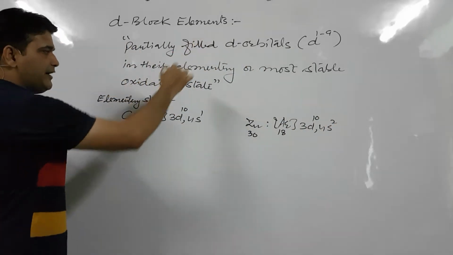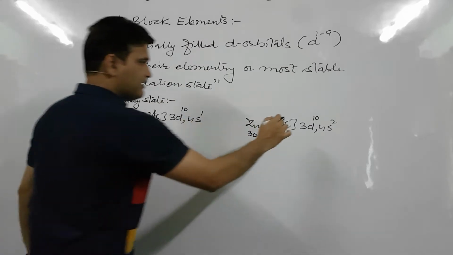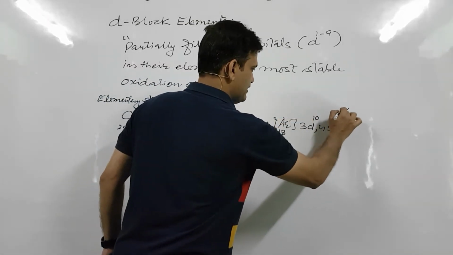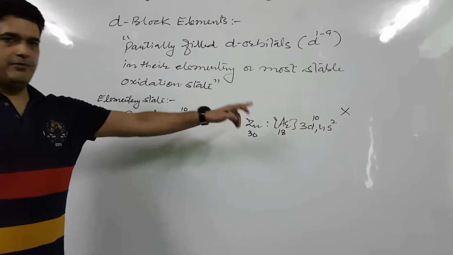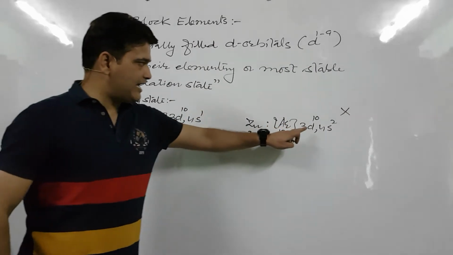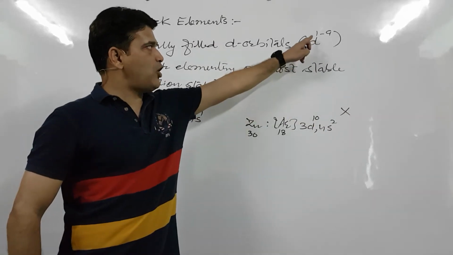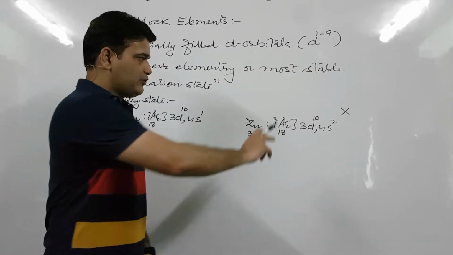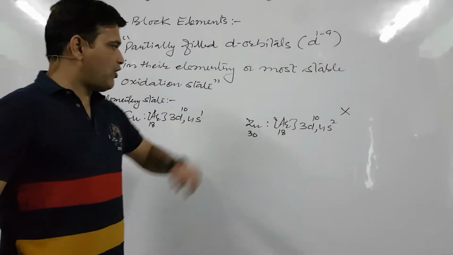So, according to the definition, zinc in the elementary state is not a D block element because it has d10 configuration, not d1 to 9.